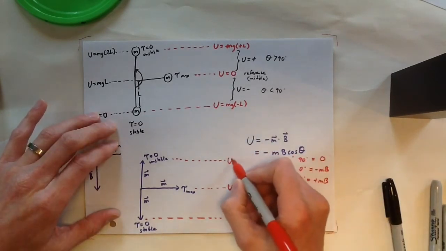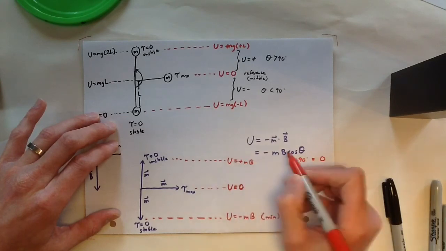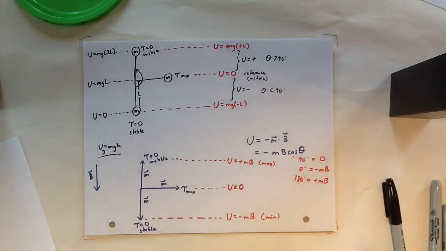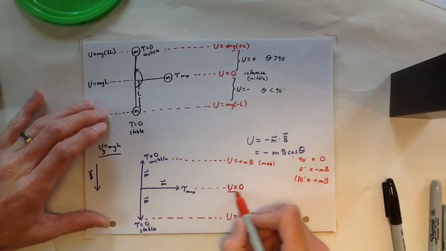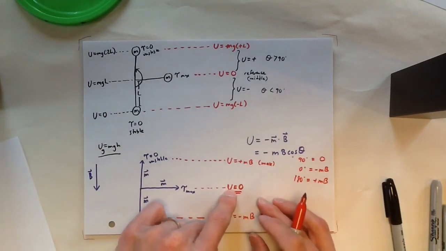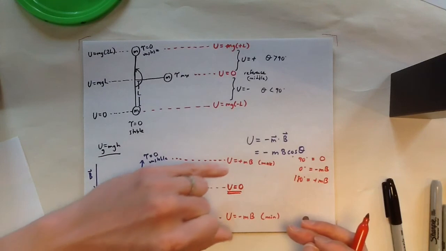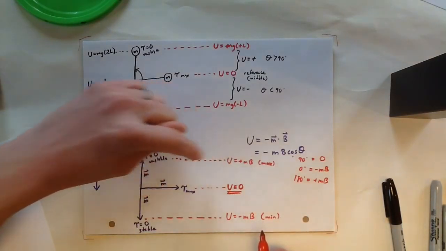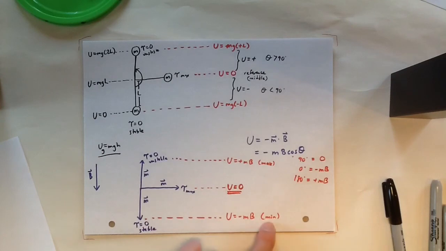So this is actually the maximum potential energy. So you can see it works exactly the same way. The U equals 0 reference is not the highest potential energy, it's not the lowest, but it is halfway between the highest and the lowest. The maximum value, which is positive, is up here, and the minimum is down here.